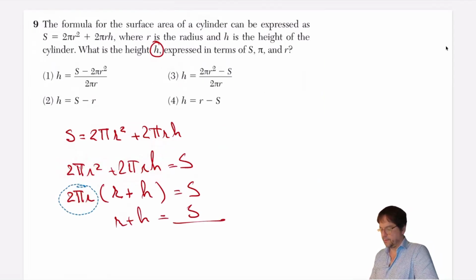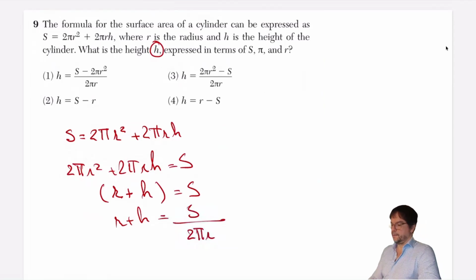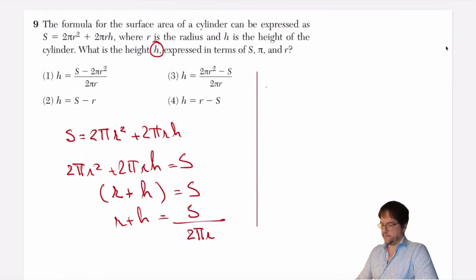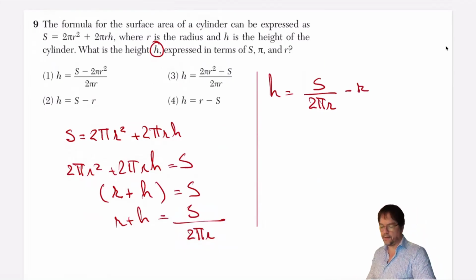Do you agree? I will pass it dividing. Is that okay? To finish, h will be isolated. S over 2πr minus r, because I'm passing r to the other side.